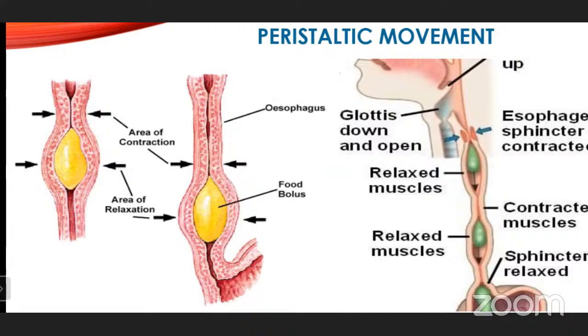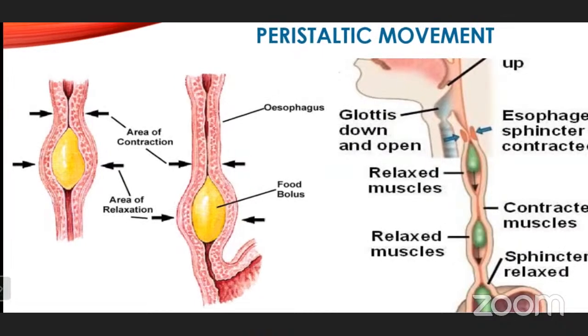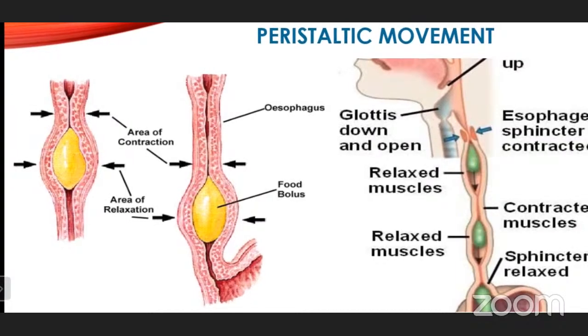Food in the form of a soft, slimy substance where some proteins and carbohydrates have already been broken down is called chyme.